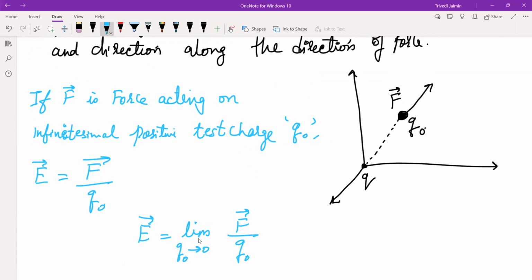So substitute those values, and what will be the E here? Tell me. Quick. Substitute the force value, the force equation. Remember, right? Monday we derived it.